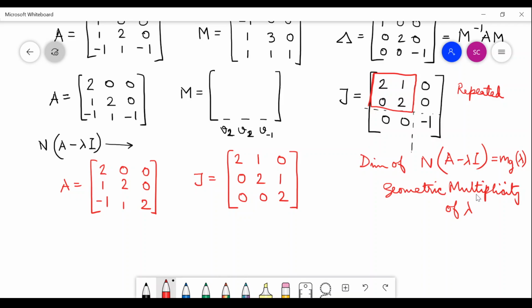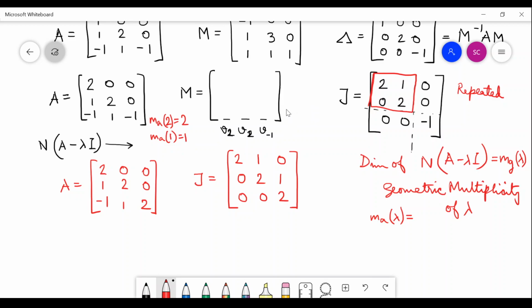What is the algebraic multiplicity of lambda? Algebraic multiplicity of lambda is the repetition of the eigenvalue in the matrix A. So as many times it is repeated, that is the algebraic multiplicity. In this particular case, m_a of 2 is 2, m_a of 1 is 1.